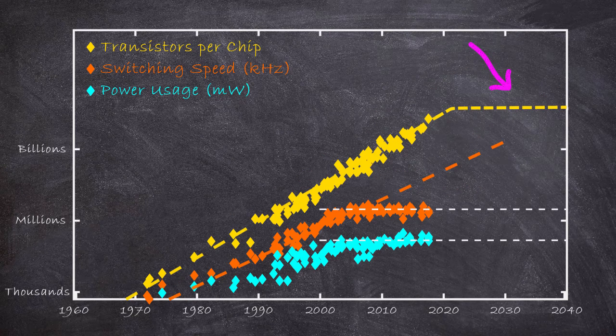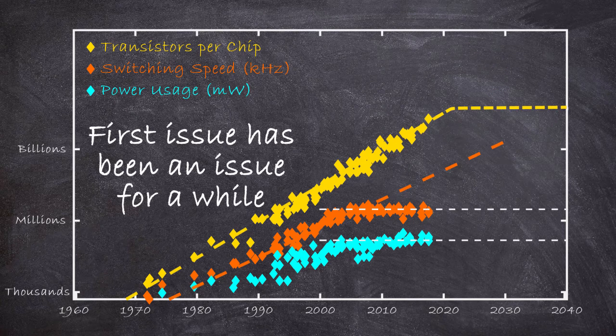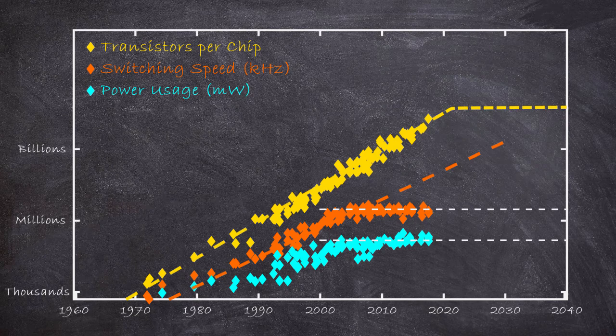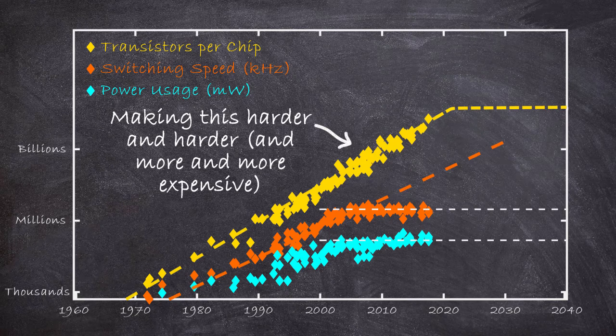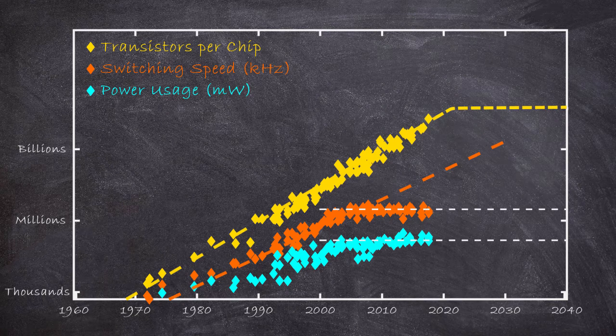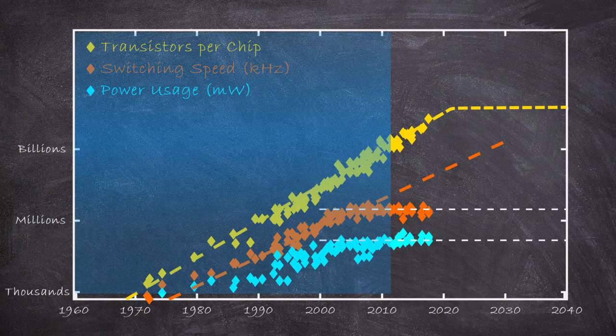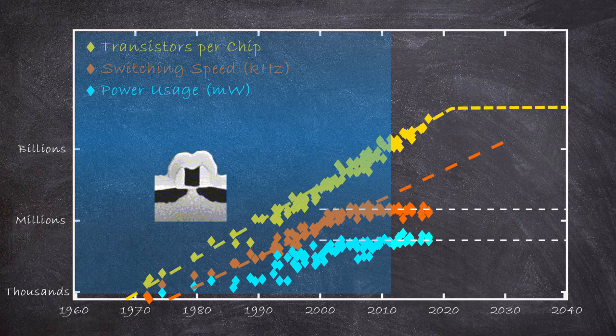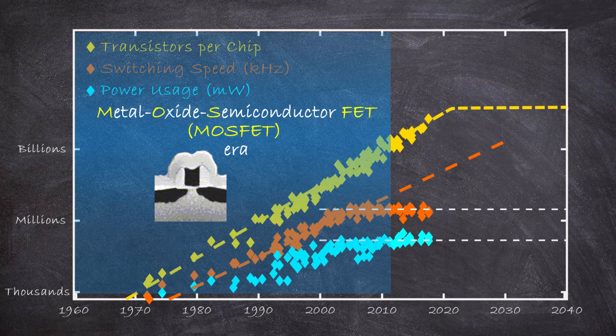The first of these is an issue that has already, for the last 5 years or so, been throttling advancement and has forced newer and newer chips to find increasingly exotic and expensive workarounds year after year. For over 50 years, we've essentially been making incremental improvements and downsizing the same type of field effect transistor, a so-called metal oxide semiconductor design, or MOSFET.